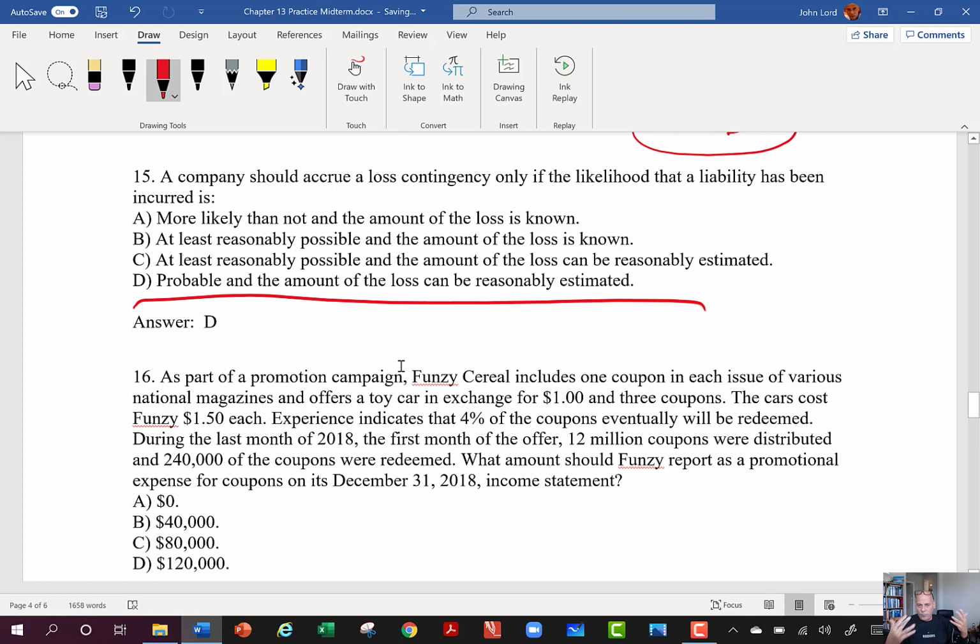If you come up with reliable information that gives you a nice precise number as the estimate of the amount of the loss, take that amount. Having had to pay a certain amount or agreed to a settlement for a certain amount before you issue the financial statements is incredible evidence as to the amount. And that's why we took that 900,000, whatever it was, in that previous question.